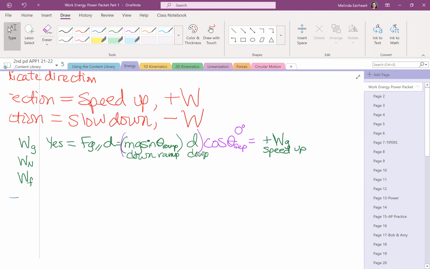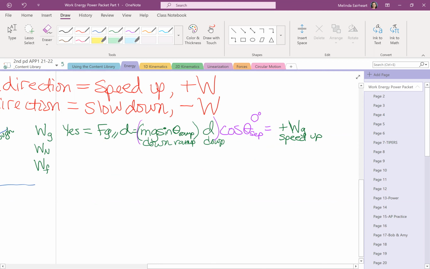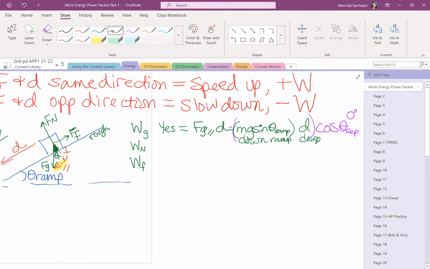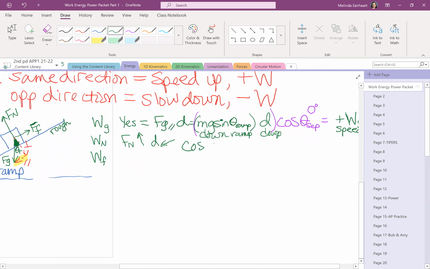Okay. What about normal force? Does normal force do any work? Well, normal force is perpendicular, so Fn is kind of this way, and D is this way, parallel to the ramp. What would your angle be? Well, you could put cosine 90, which if you plug it in is going to turn out to be 0.